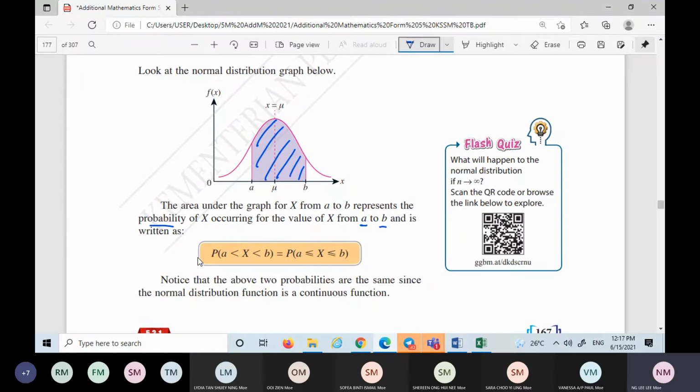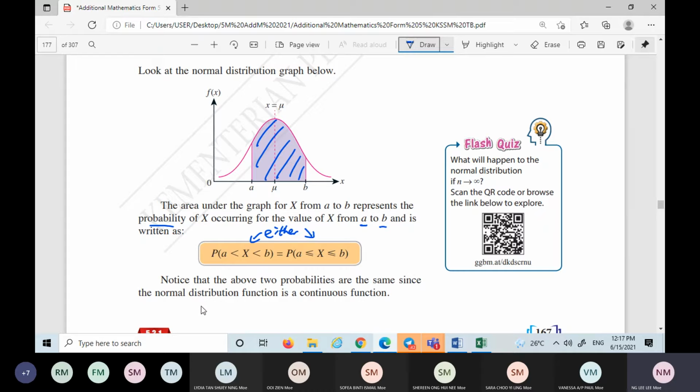It's written this way. You have an equal sign here and then this one without the equal sign. Either one you can use. You can write in this way, you also can write in this way, to represent the area under the graph from A to B. Notice that the above two probabilities are the same since the normal distribution function is a continuous function.